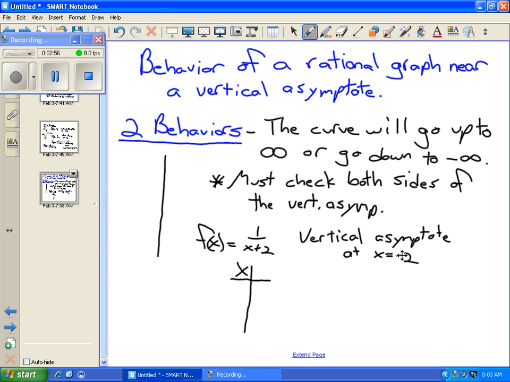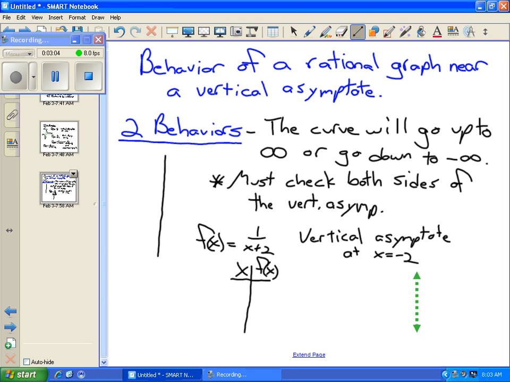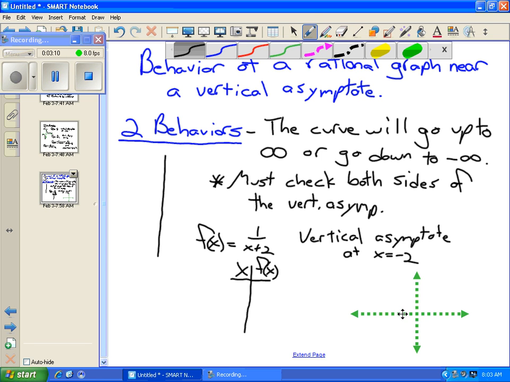So we're looking at numbers that are really, really close to negative 2. Let me draw a graph here to show you exactly what we're doing. I know that we have a vertical asymptote at negative 2, so I'm going to draw that in here. Normally this line wouldn't be there. I'm just putting it in as a reference point, but that's our vertical asymptote.